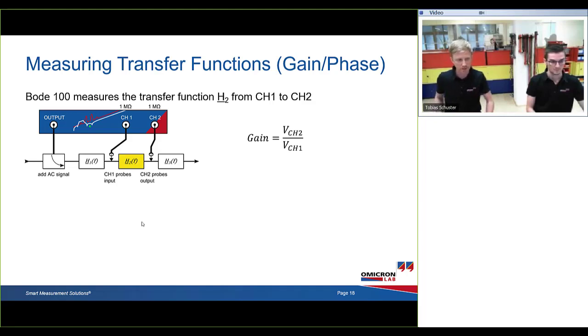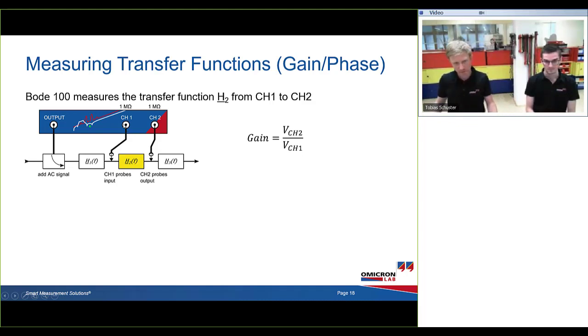The idea of a frequency response analyzer, such as the Bode 100, is that it generates a sine wave at a specific frequency, and that's added to a signal chain somewhere, so that's called here the add AC signal, and then the signal passes through a series of transfer functions. It doesn't actually matter.